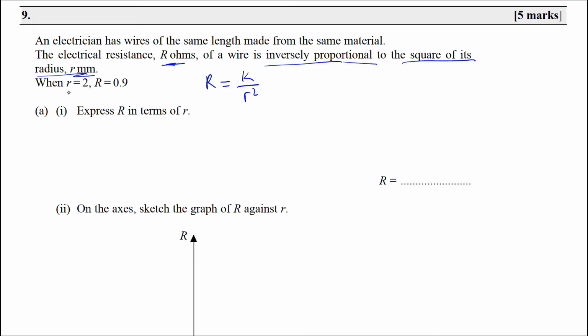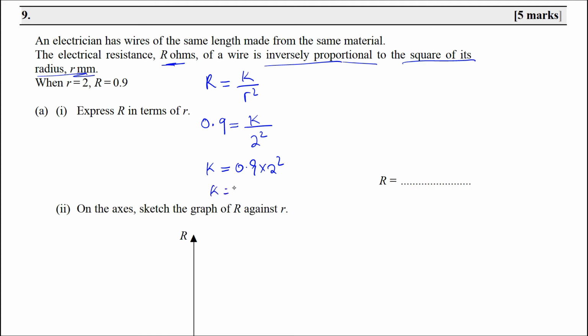So we shall use this condition: when R is equal to 0.9, the radius is given by 2, so 2 squared. So k will be equal to 0.9 multiplied by 2 squared, which will be equal to 3.6.